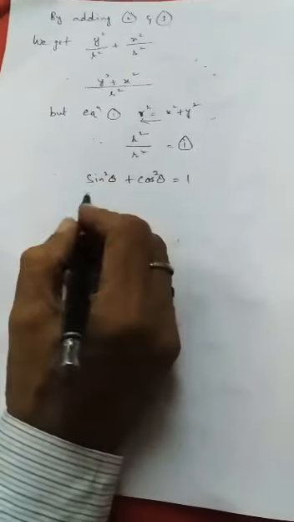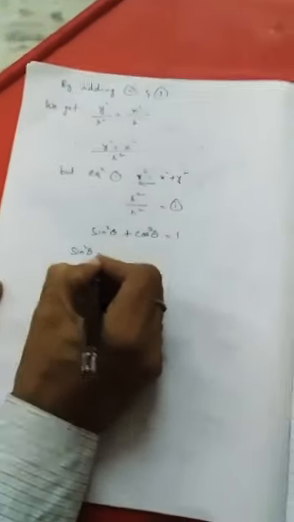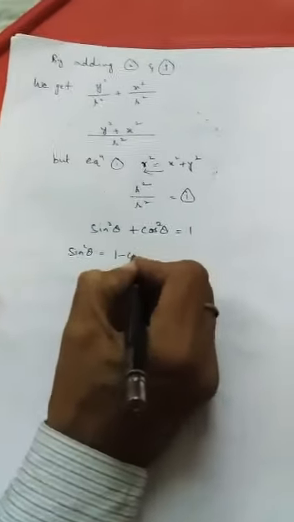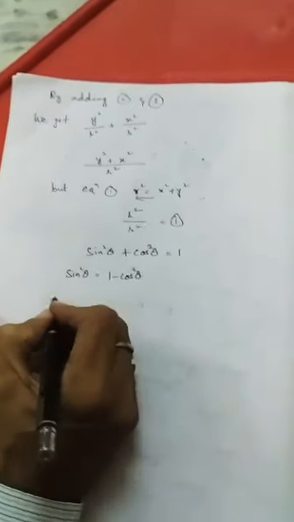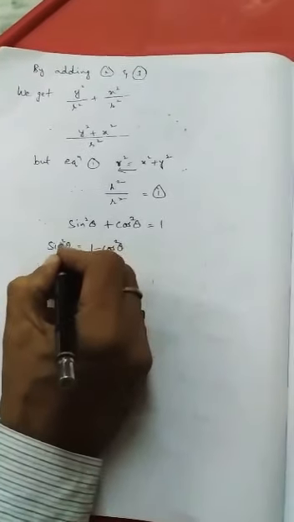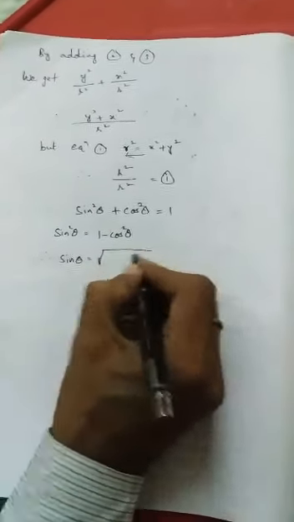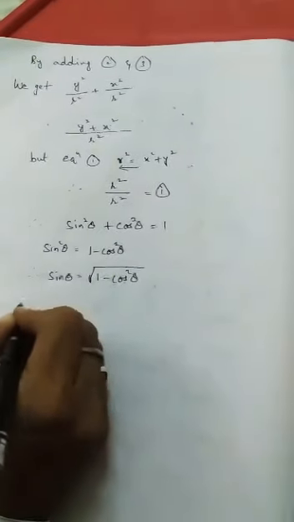From this identity we can make two formulas. Sin square theta is equal to 1 minus cos square theta. If you bring cos square to this side, it will become minus. Therefore sin theta is equal to, if you remove the square, under root of 1 minus cos square theta.